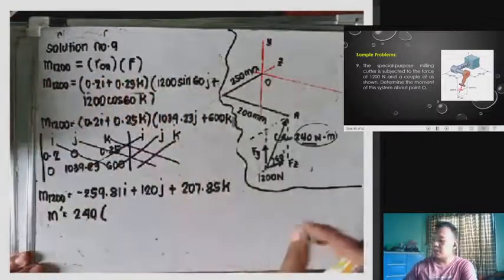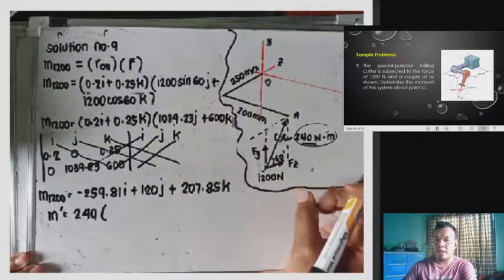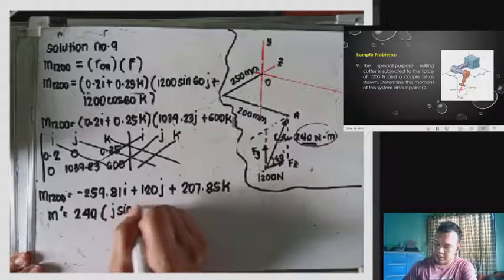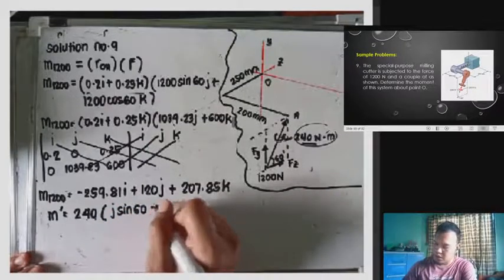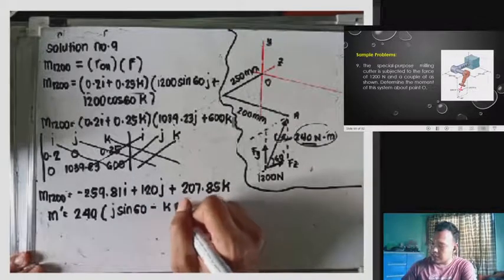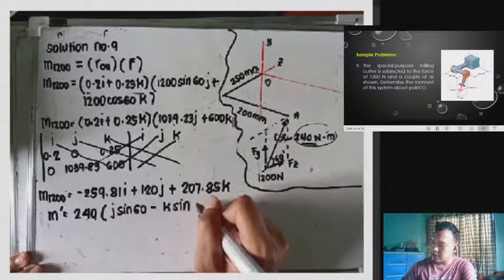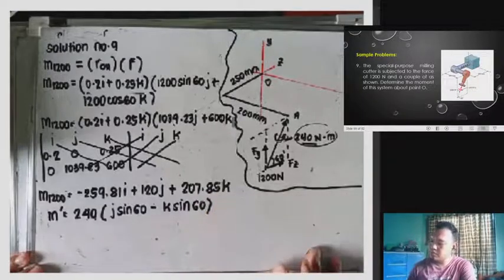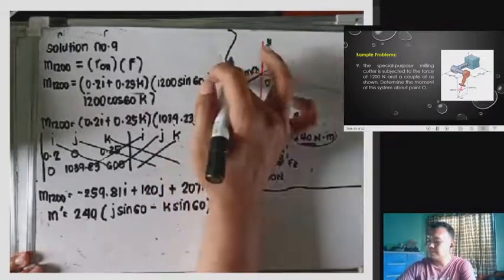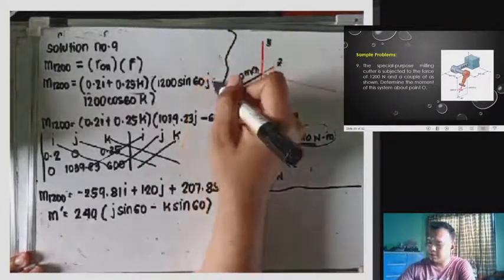So lalabas we have here, yung sine at saka cosine niya. So we have here j sine 60 minus k sine 60. Negative po pala ng 600 natin. Negative din to, no?